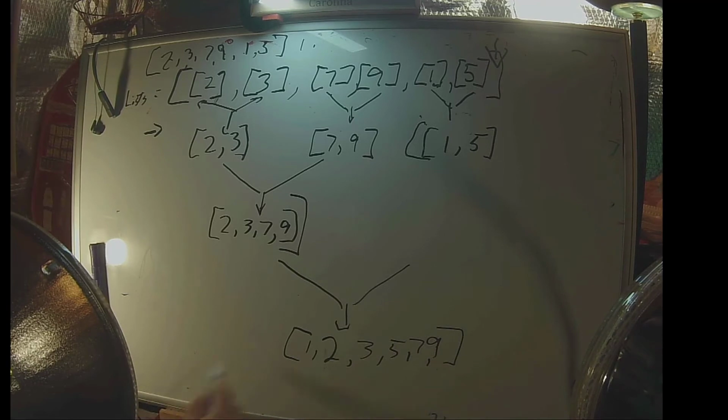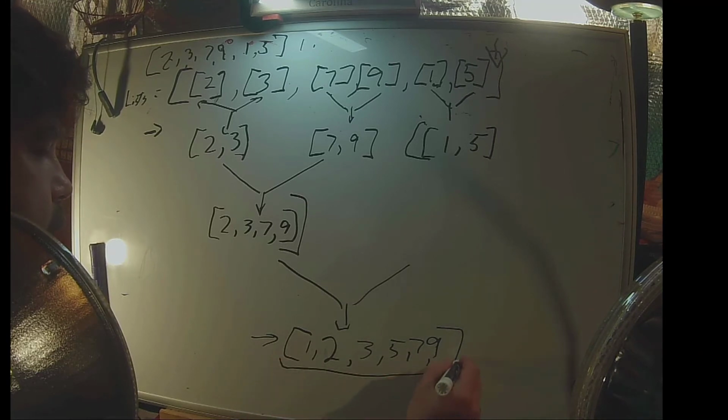And this is our last list. There's no other lists to merge with it. We've now used up all of our values, and that's what we want to return as our sort. So it's a sorted list.